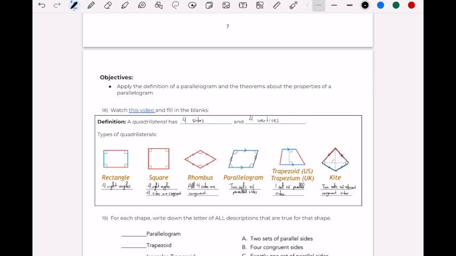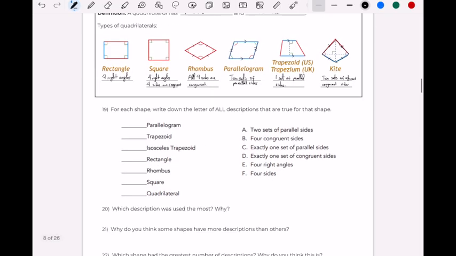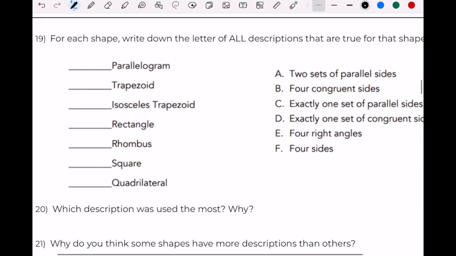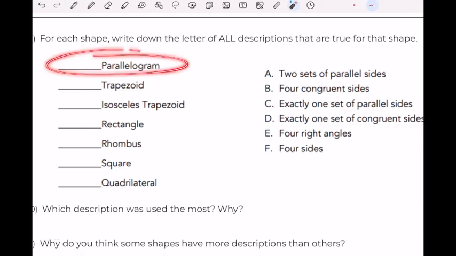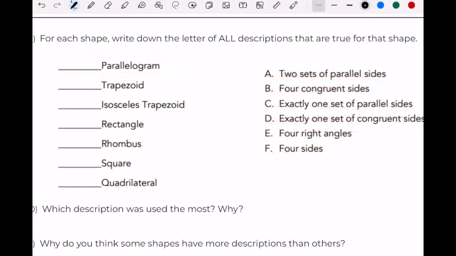Beautiful. So those are the more general definitions of these quadrilaterals. Now, we need to ask ourselves the following questions. For each of the quadrilaterals, we're going to write down which properties they satisfy. Two sets of parallel sides? Yes, that is a parallelogram.